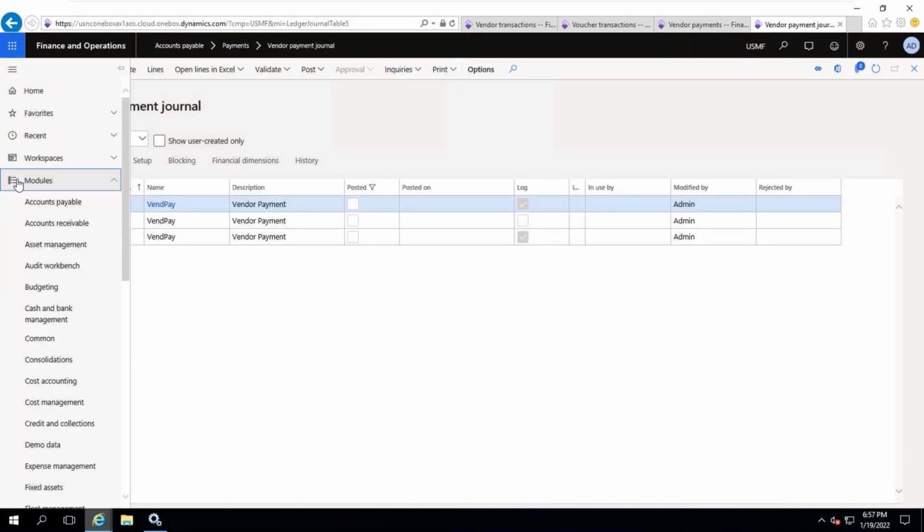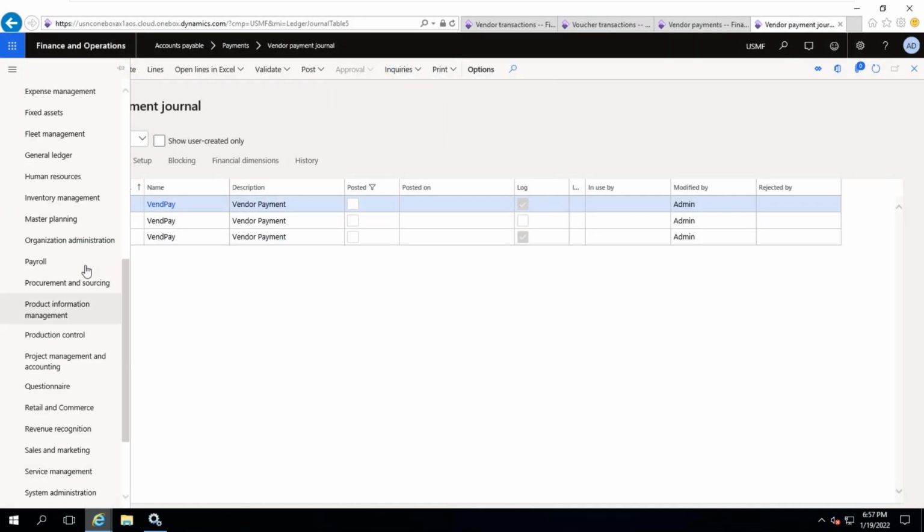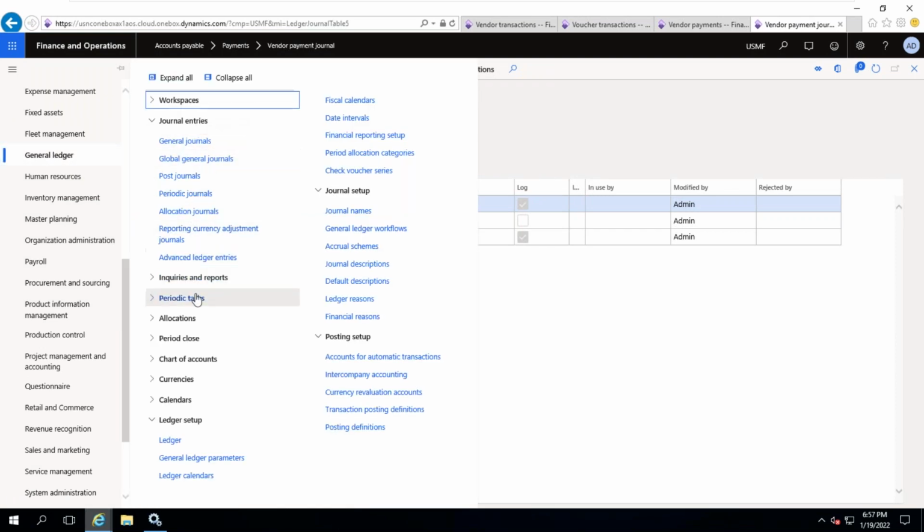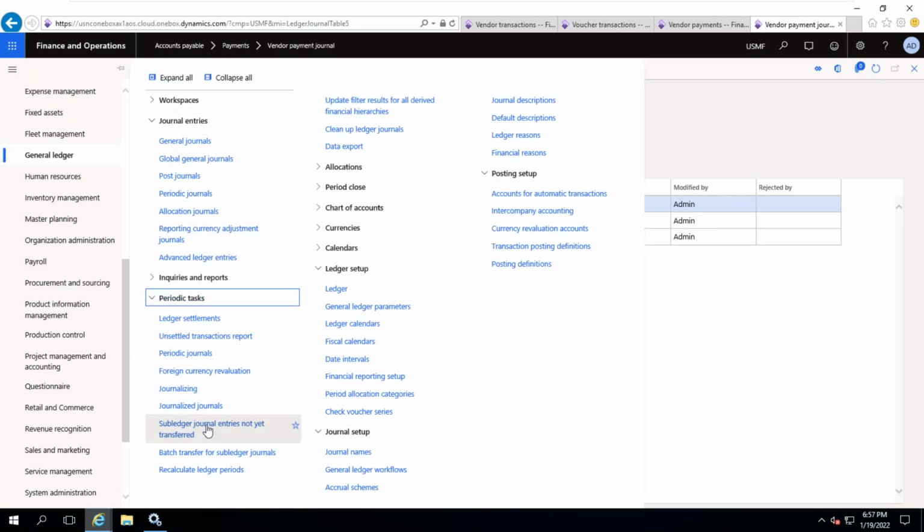The simple, straightforward answer: General ledger, periodic tasks, and subledger journal entries, not a transfer. So general ledger, periodic task, subledger journal entry is not a transfer.